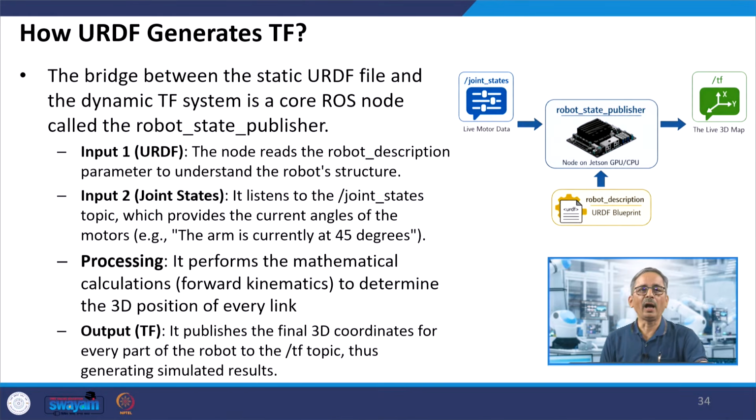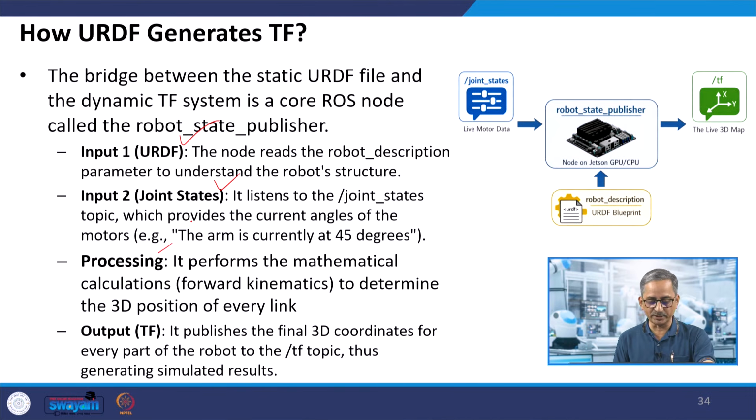Then, how does URDF generate TF? The bridge between the static URDF file and the dynamic TF system is a core ROS node called the robot state publisher. You have the input, which is the URDF file, this is input 1, and input 2 is the joint states.